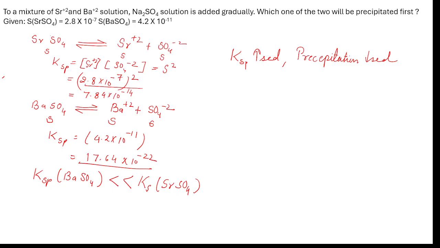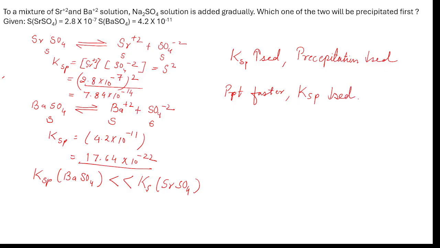But what they are asking is which one is going to precipitate first, meaning faster precipitation. For faster precipitation, Ksp should be decreased.